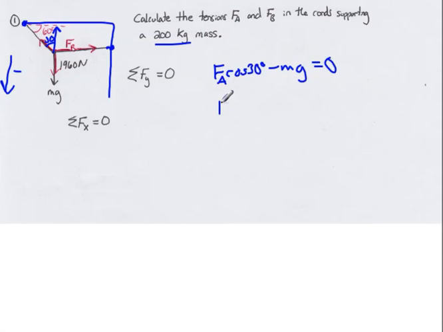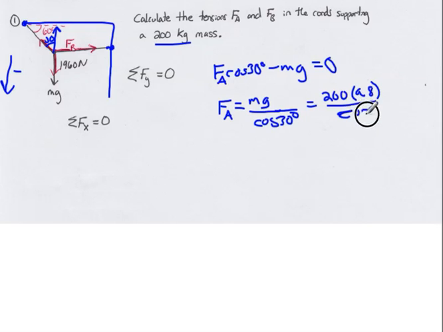So now we can solve for Fa. So in other words, the magnitude of the A force total is going to be mg divided by the cosine of 30 degrees. So the mass was 200 times 9.8 over cosine of 30.